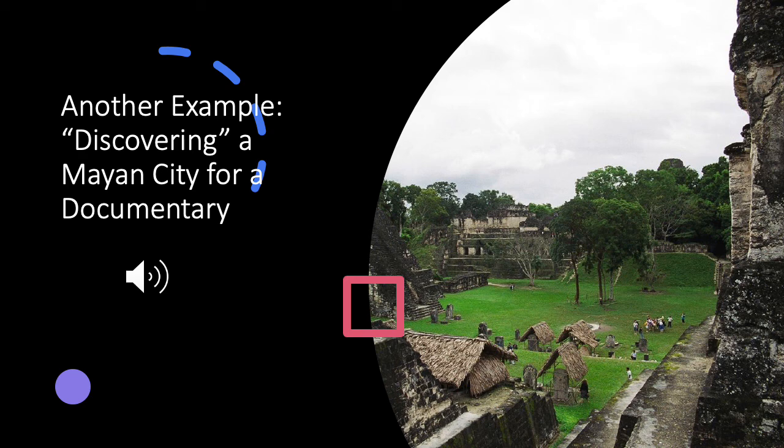So he'd been working on this pretty large Mayan city, and these filmmakers came to him and wanted to do a documentary about his work there. To film the opening scene, they wanted to have a scene of the archaeologists taking their, what's the word for this? It's like a big sword almost used for cutting through jungle. Machete. Using their machetes to cut through the jungle to get to this ancient Mayan city.